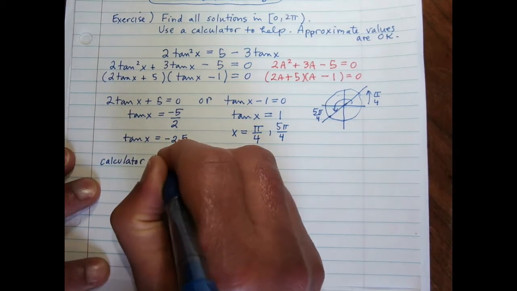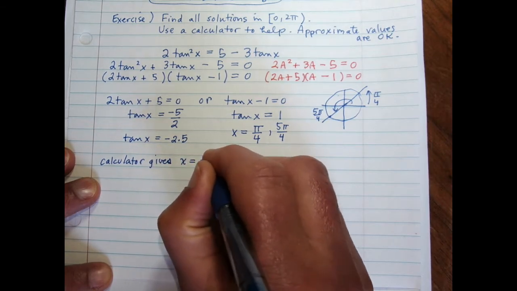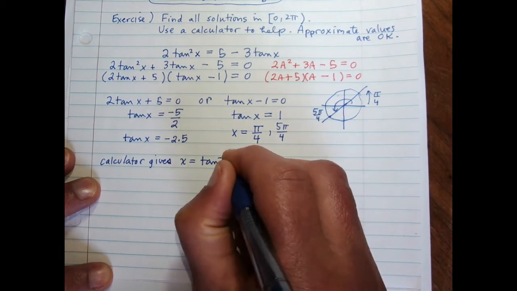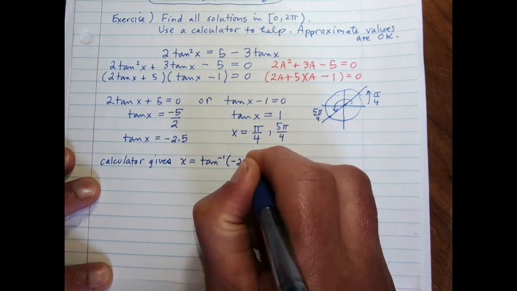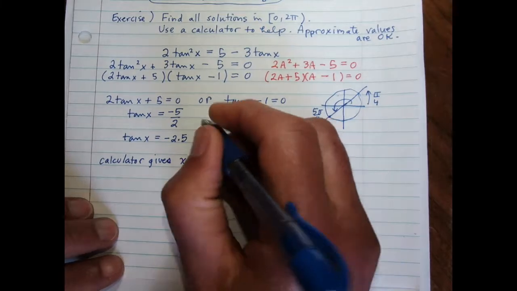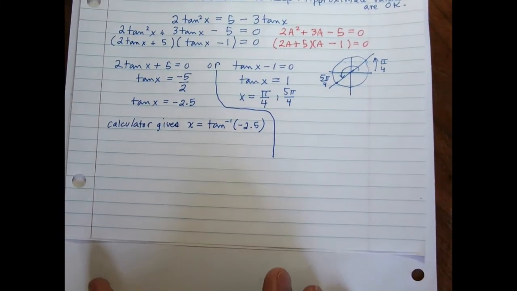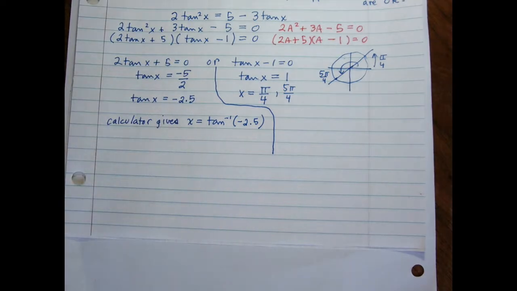What we can plug in is x equals tan inverse of negative 2.5. So I'm going to use my calculator to get tan inverse of negative 2.5, and let's do it.